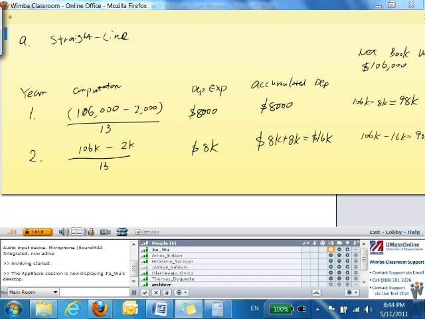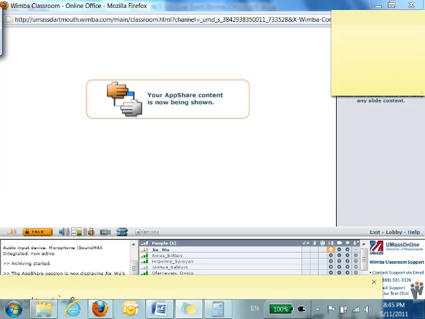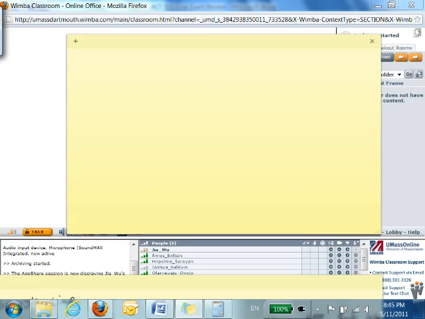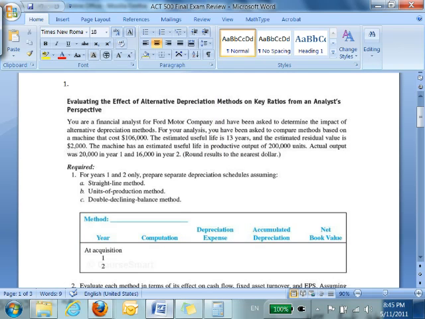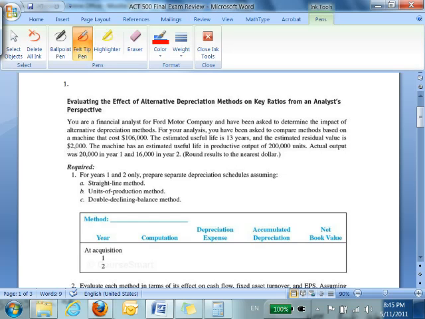Units of production method. The machine has an estimated useful life in productive output of 200,000 units.